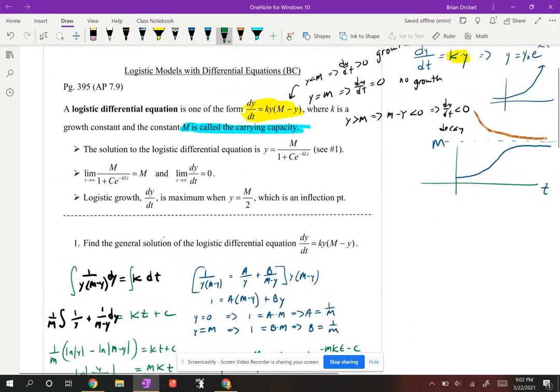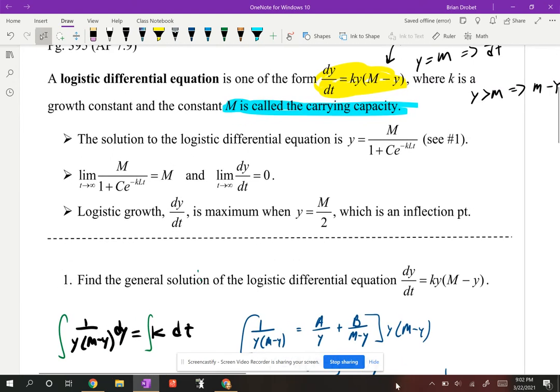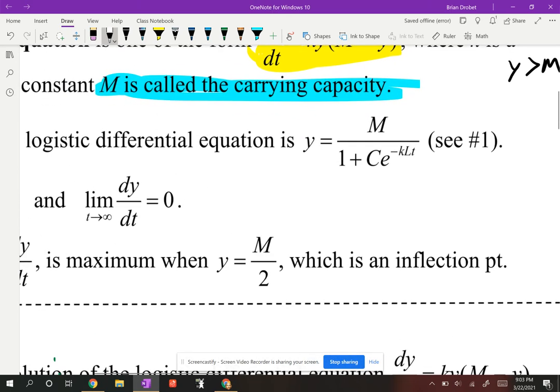Now, let's compare that to what I have written up here. You'll notice that I have capital L's in here, and now that I look at this, that is a bit of a typo, because I mixed up what I'm using for my carrying capacity. In some textbooks they use M, and in some textbooks they use L, and somehow I managed to use both of those.